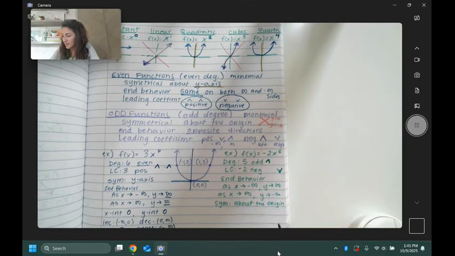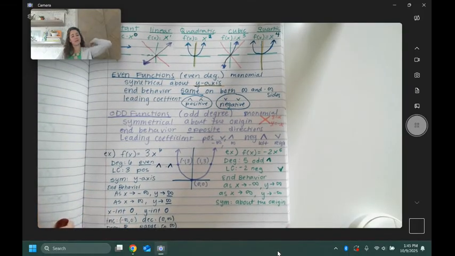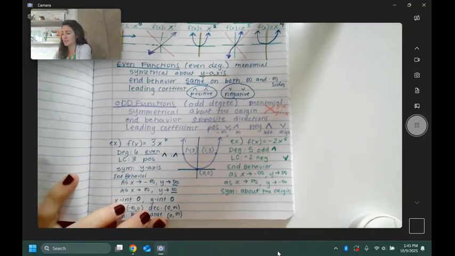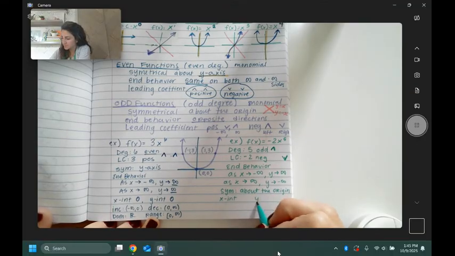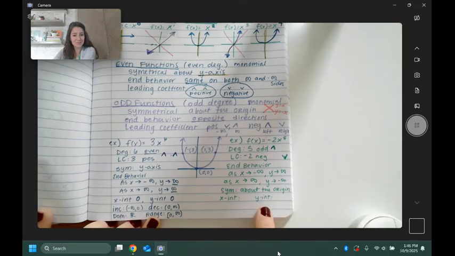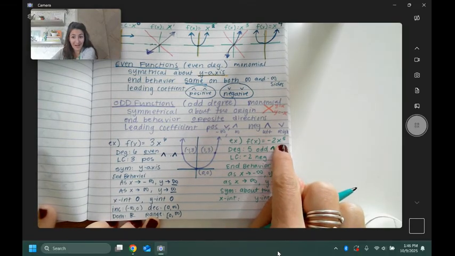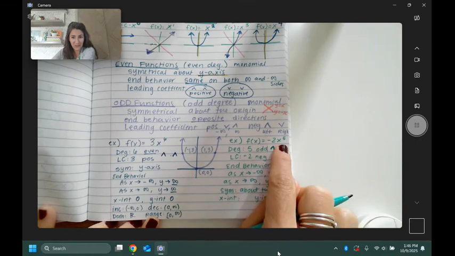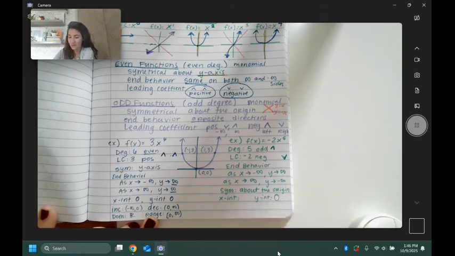And let's just think for a minute about domain and range here, about x-intercept, y-intercept. The y-intercept is when x is equal to 0, what's y? So if I were to plug in a 0 here for x, 0 to the 5th is 0 times 2 is 0, so that y-intercept is 0.